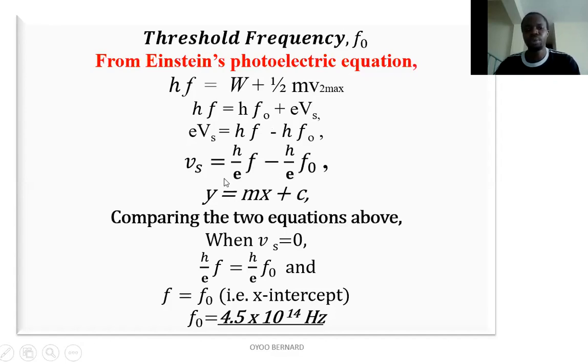For sure, because we are plotting stopping potential Vs against f, the two are the variables. Vs and f are the variables. All other things are constants.